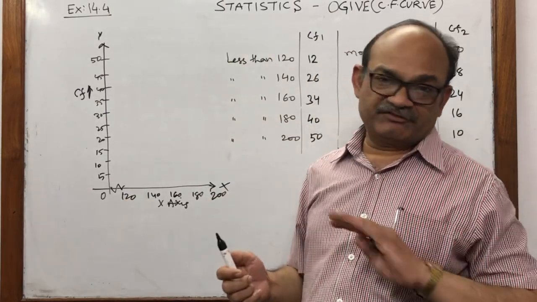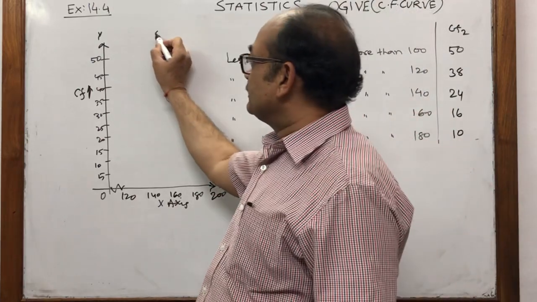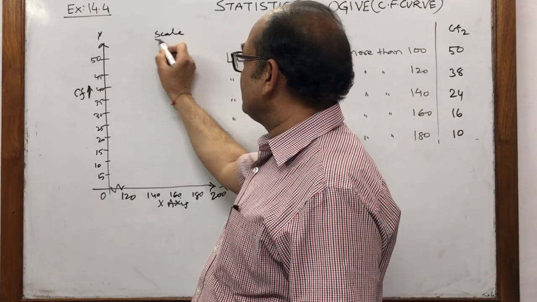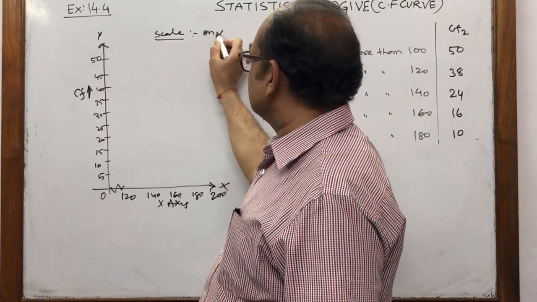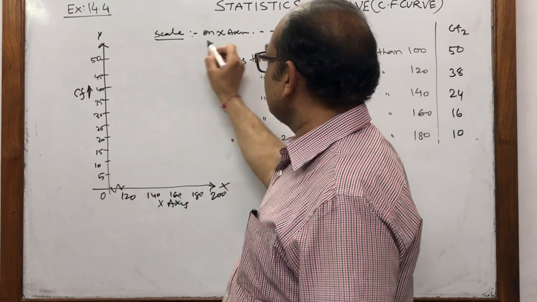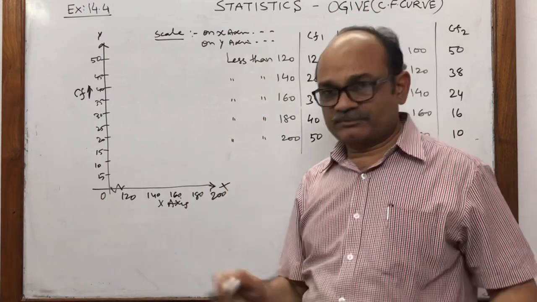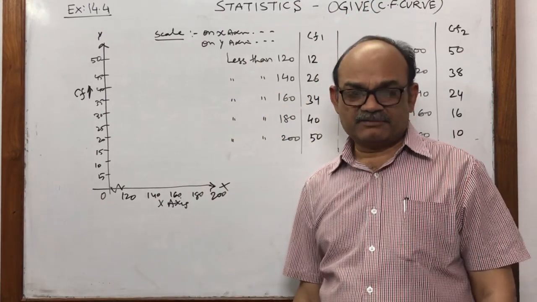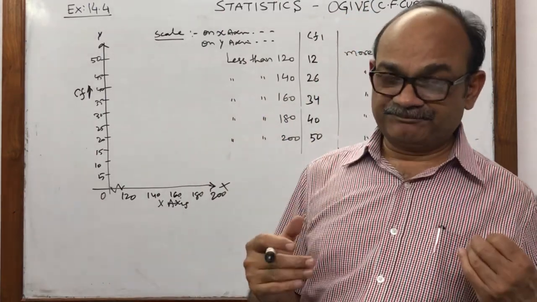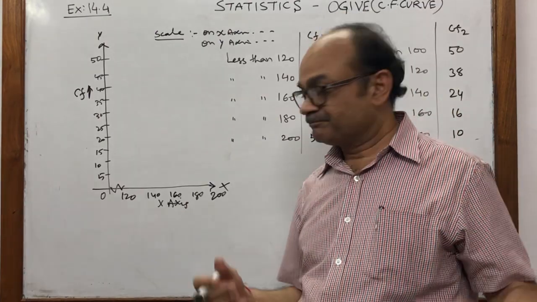So you may take different scales. Whatever scale you take, you have to write the scale on the x-axis and on the y-axis. Each student has their own choice, depending on their graph paper.